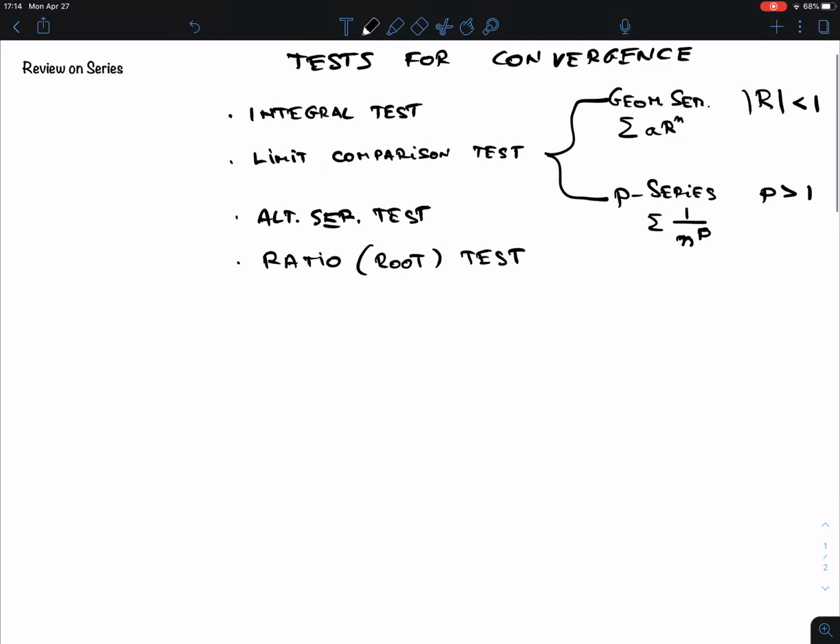Going back here, this is what we need. Here are some examples of tests that we could look at. We have seen, for instance, something like (-1)^n over n ln n cubed. Sorry, I should mention this also. This is test for convergence, but we also have the notion of absolute convergence and conditional convergence.